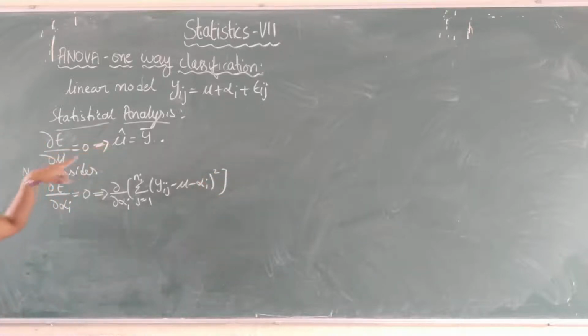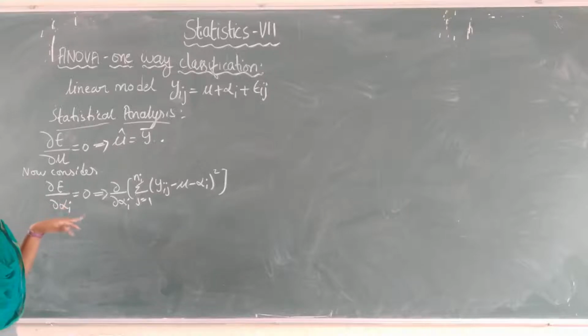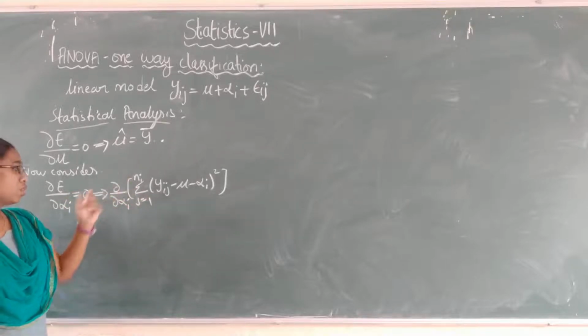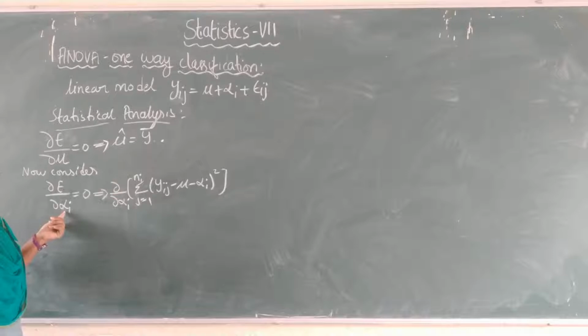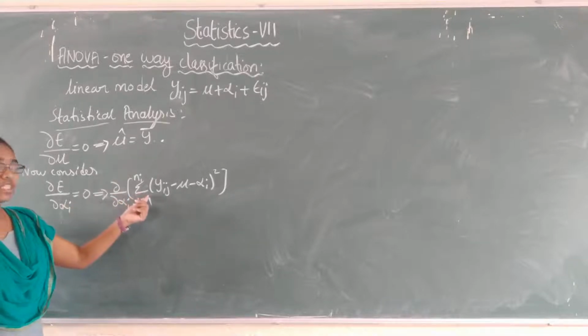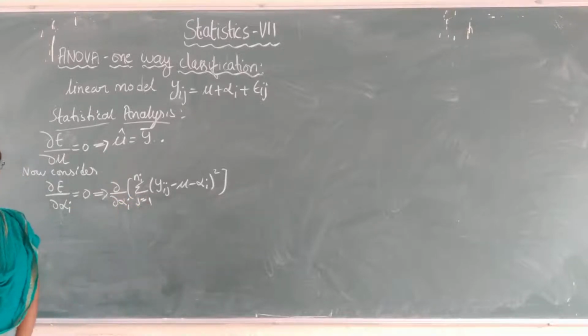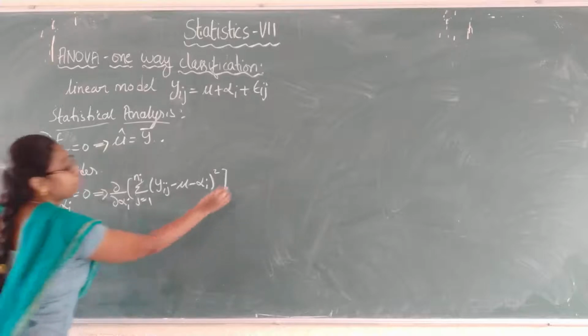When we differentiated with respect to mu, which indicates the overall mean, we considered both summations. But alpha i indicates the ith treatment effect, and in the ith treatment you have only ni values. So whenever you differentiate with respect to alpha i, you consider only summation j equals 1 to ni. Now differentiate it and equate it to 0.